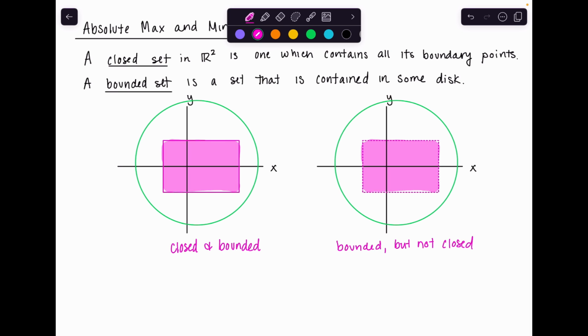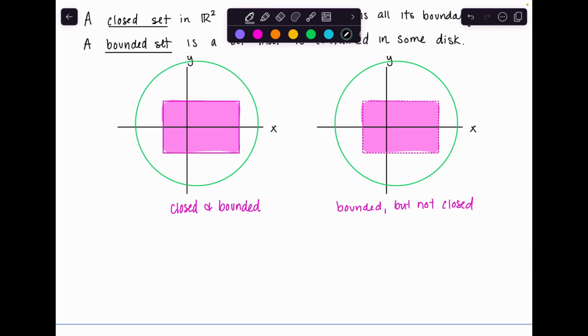So if you remember back in Calc 1, what you did was we had, instead of a set like this, we had an interval. If you wanted the extreme values of this function on this interval, you had 2 things you had to do. Okay.